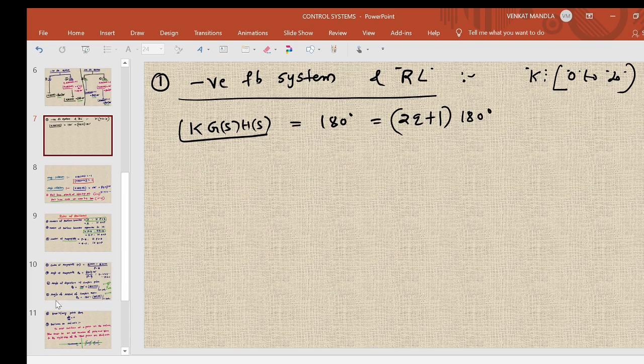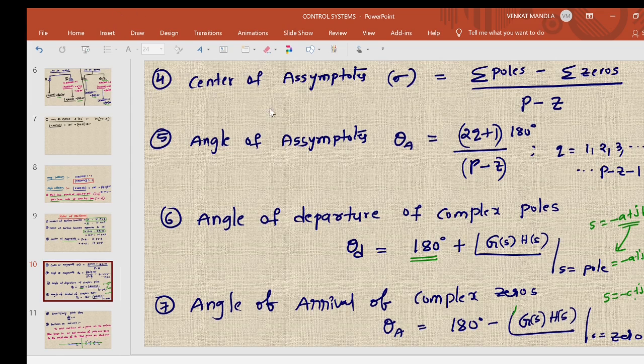That is why here the angle of asymptotes equals odd multiples of 180 degrees divided by P minus Z, where q is an integer, q equals 0, 1, 2, 3 and so on, up to P minus Z minus 1. So this is derived from the angle criterion only. Wherever angles appear in the rules, those rules are derived from the angle criterion.